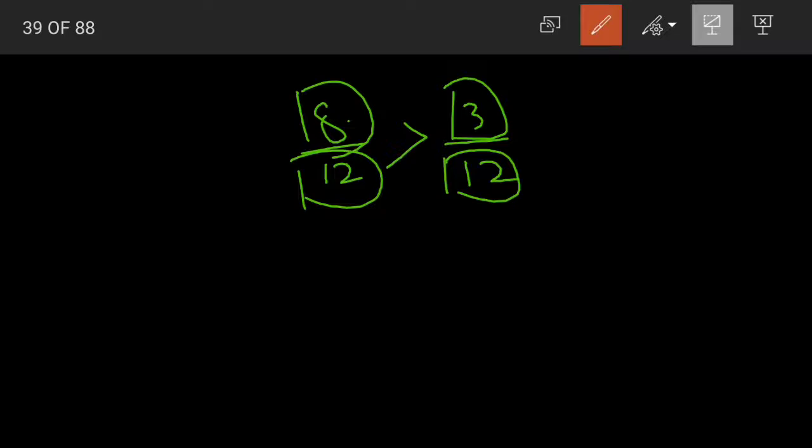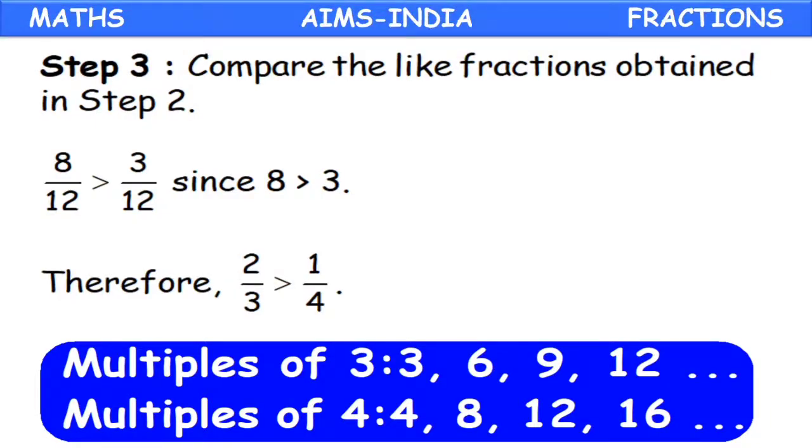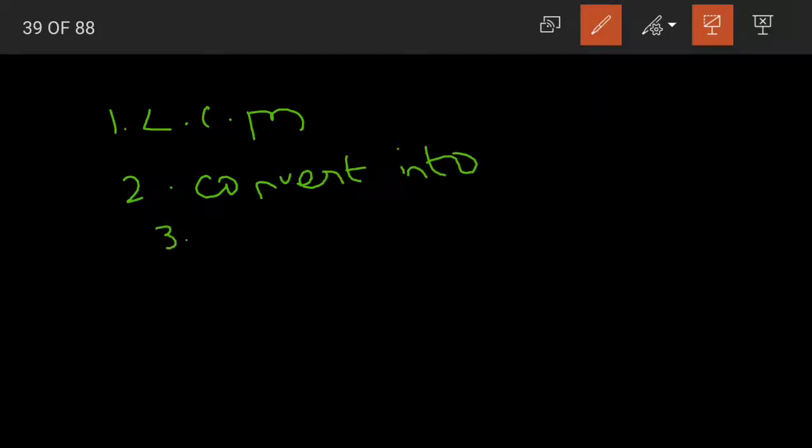Understood? The concept of comparison of like and unlike fractions. For unlike fractions, what are the steps again? First step is to find out the LCM. Second step is to convert them into like fractions. And then after converting, the third step would be to compare them.